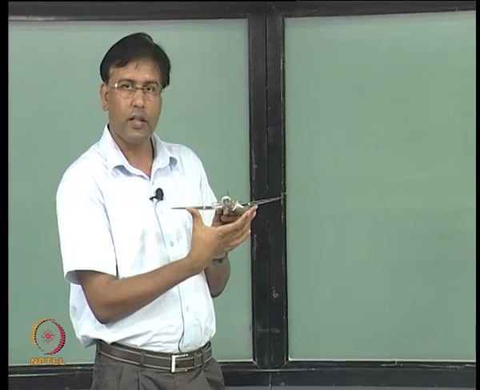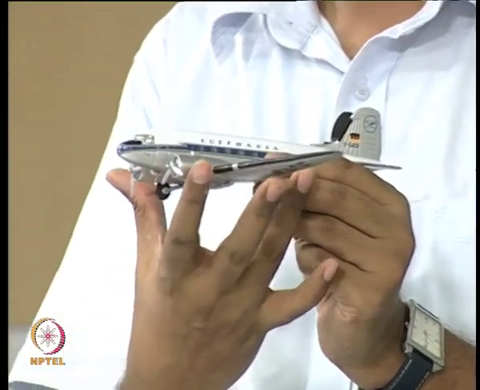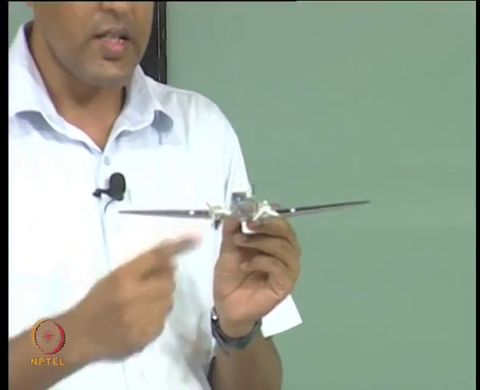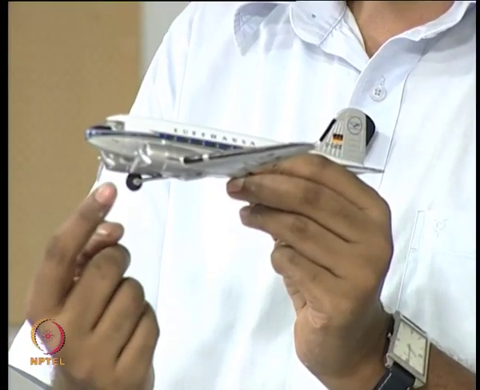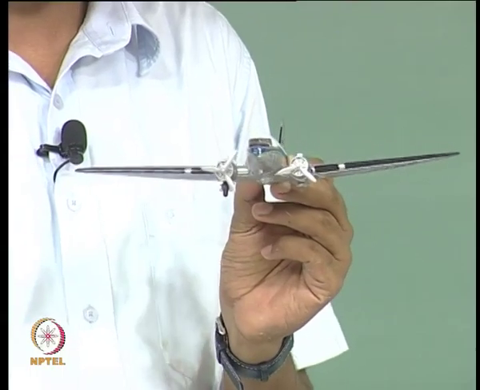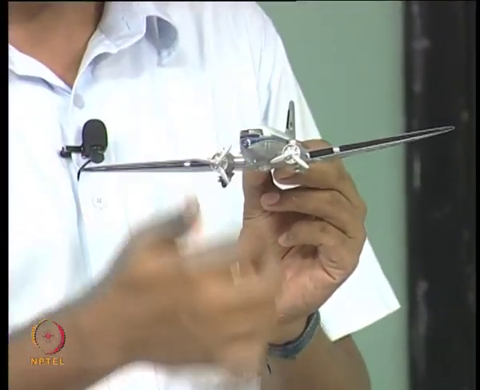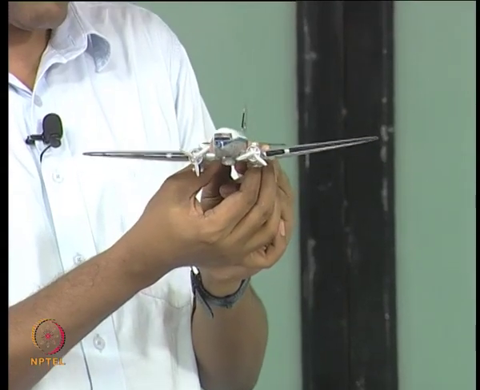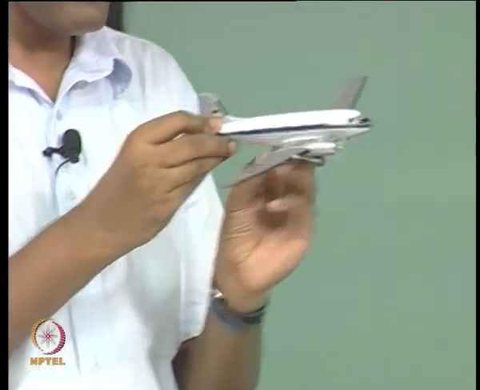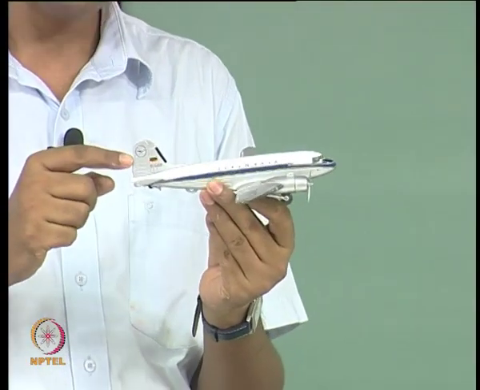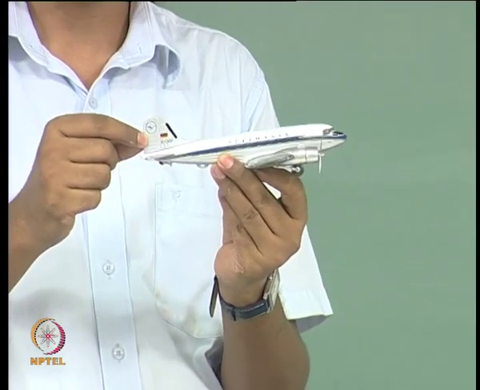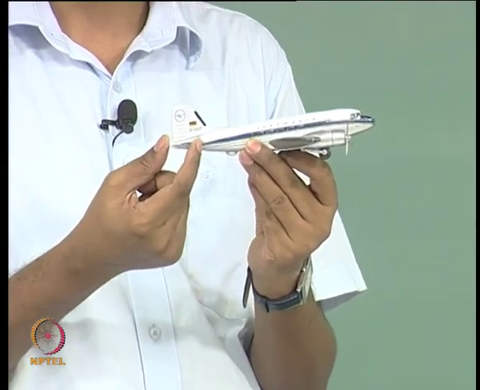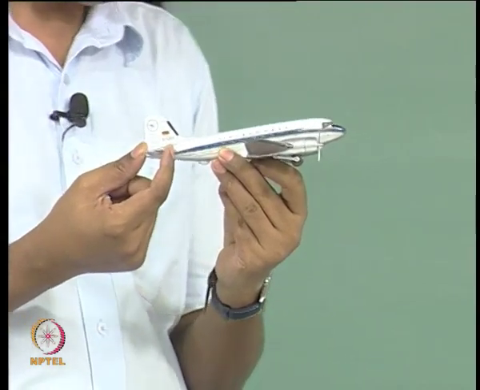Wings are these two surfaces. There is a twin engined propeller aircraft. So, you see 2 engines symmetrically located with respect to a plane that we will discuss about. This surface is called vertical tail and this surface is the horizontal tail.